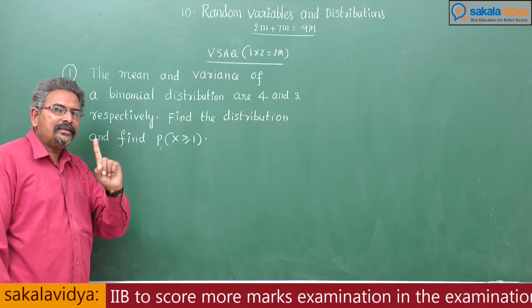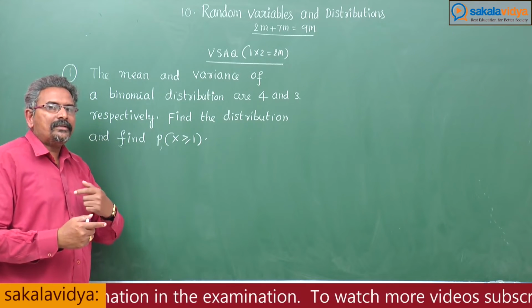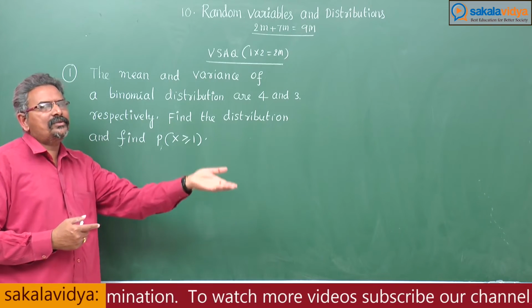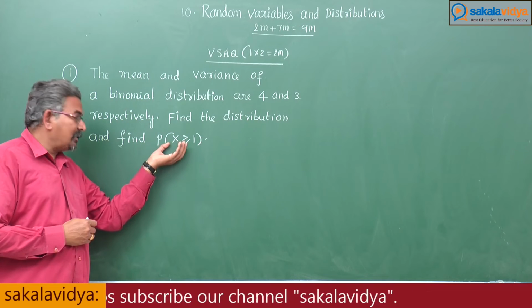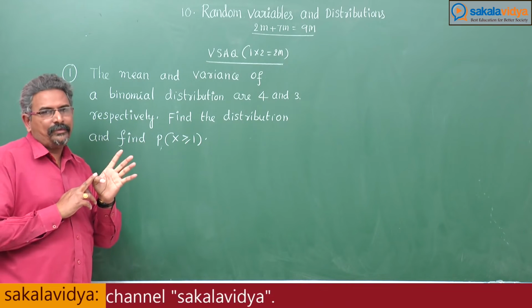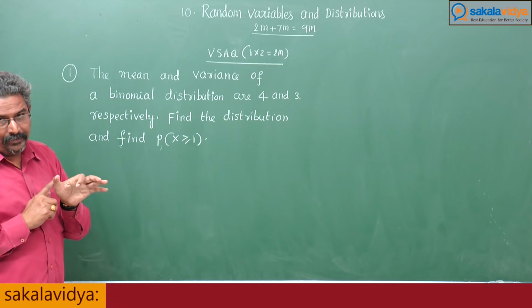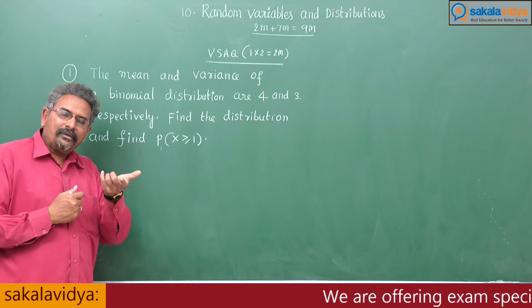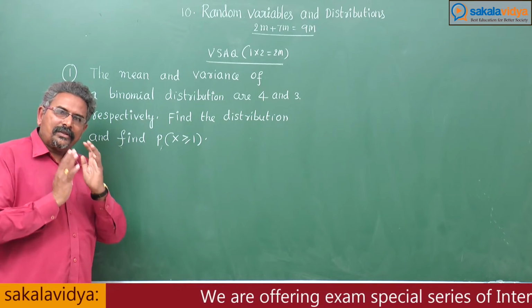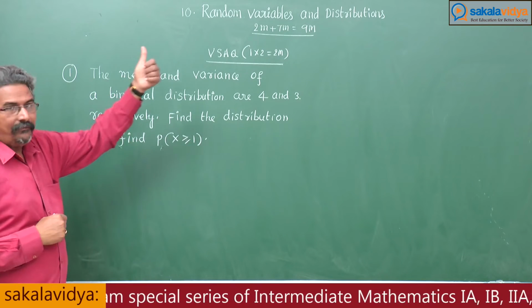At least 1 means 1 minus the probability of getting nothing, that means 1 minus P of x is equal to 0, which we can easily calculate. In order to find this we require the parameters. What are the parameters of a binomial distribution? N and p. Q is nothing but 1 minus p. That is why first of all we have to find the parameters using the given mean and variance.